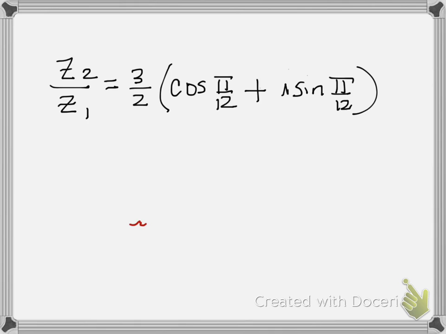It should just be plus i sine of 5 pi over 12. And that is the end of the review.